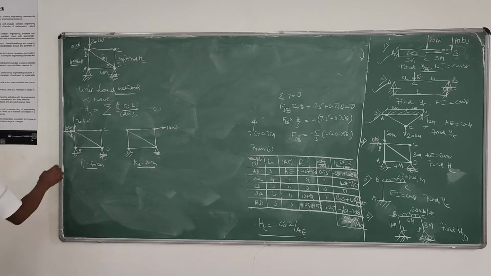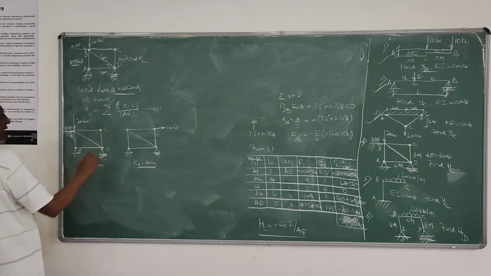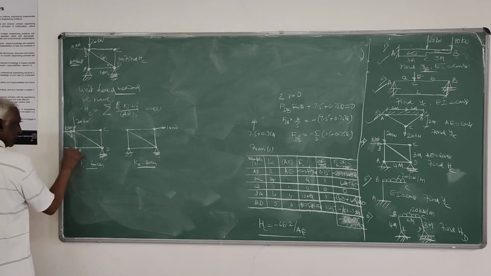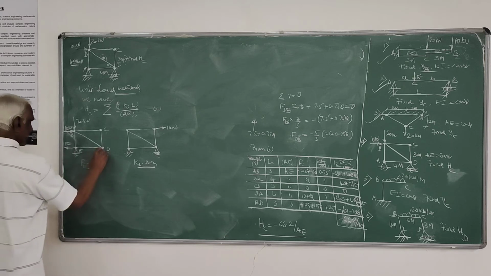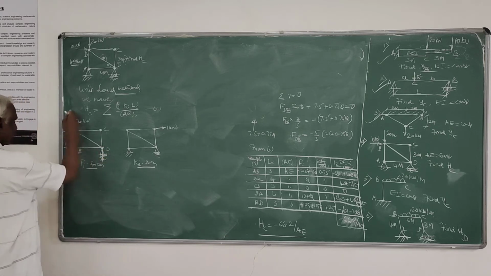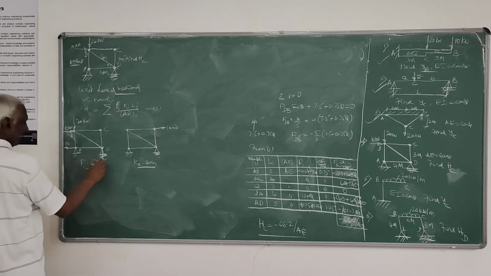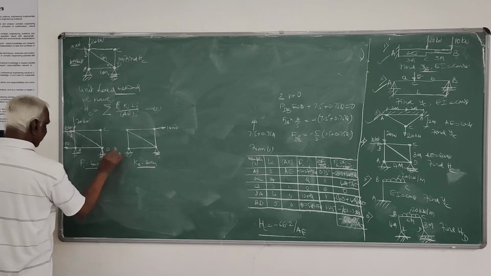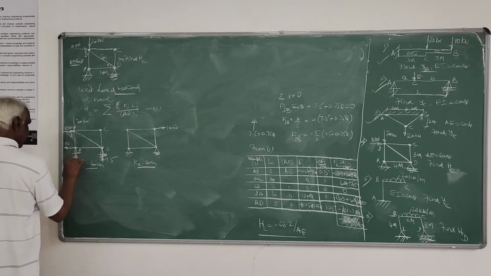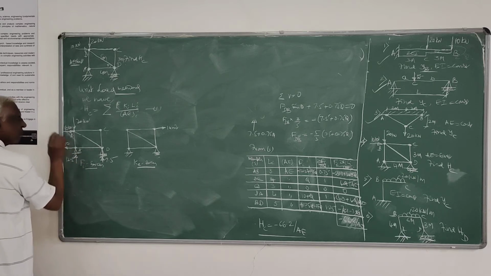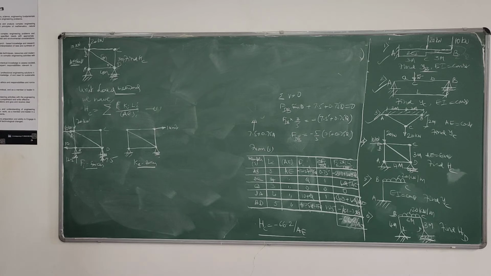So, at this joint, if I determine the reaction, I'll get 10 kilonewtons here, because this load doesn't give, this is 10 into 3, 30 divided by 4. It is 7.5. Here it should be 12.5. That's easy to find out. By analysis, same thing.